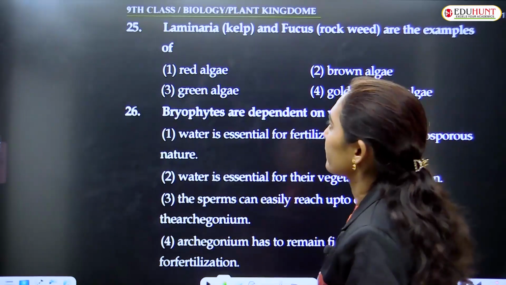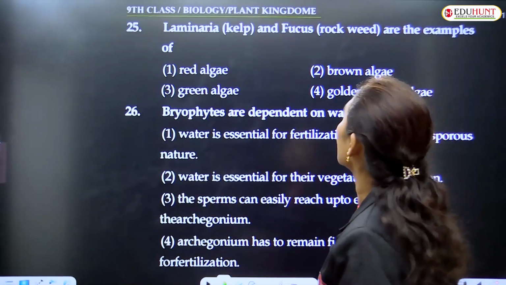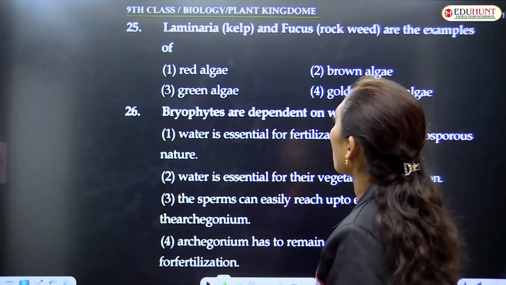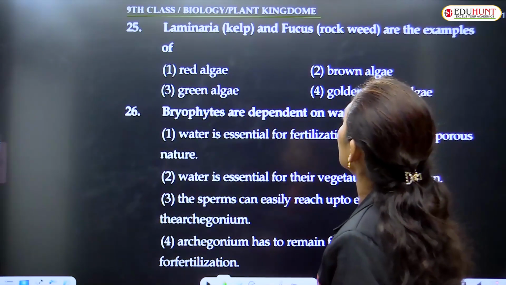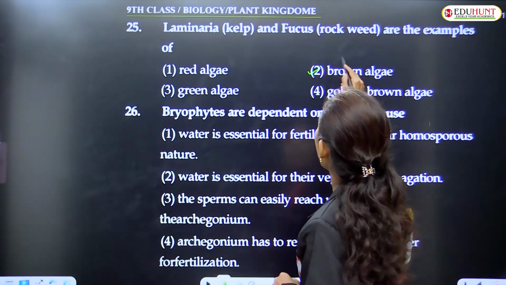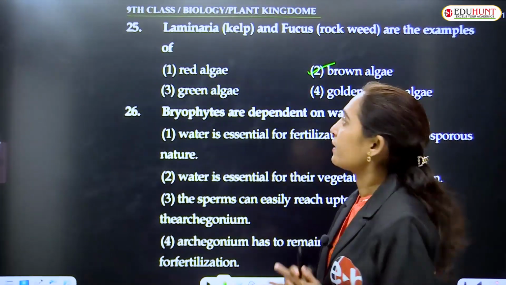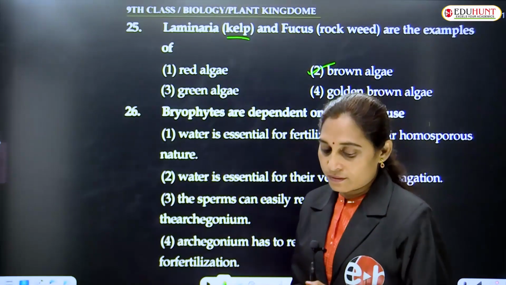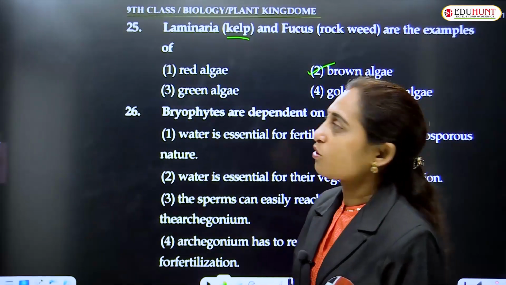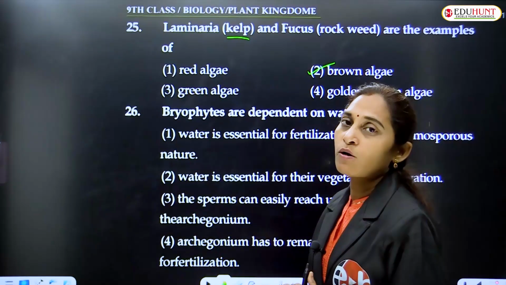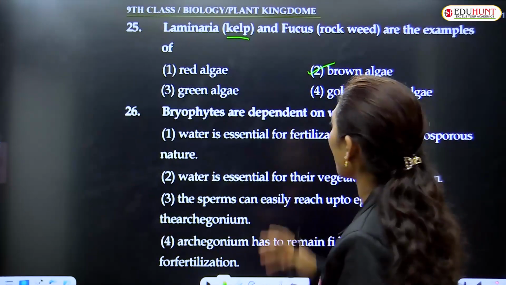Laminaria, kelp, and Fucus, rockweed, are the examples of brown algae. They have given this kelp as a hint. So kelps or seaweeds mostly belong to Phaeophyceae, brown algae.